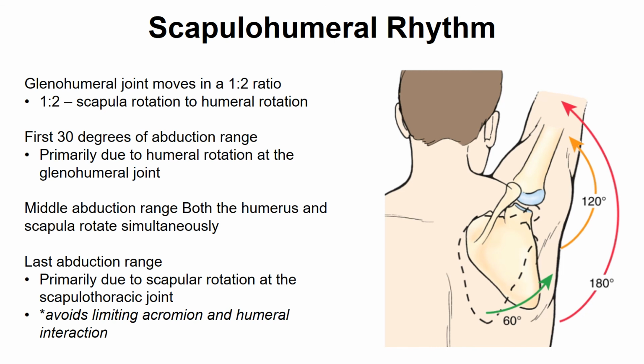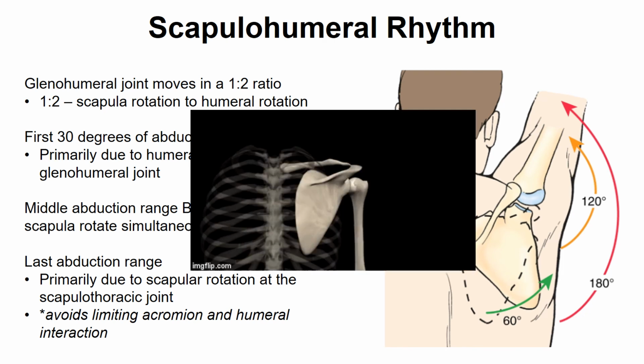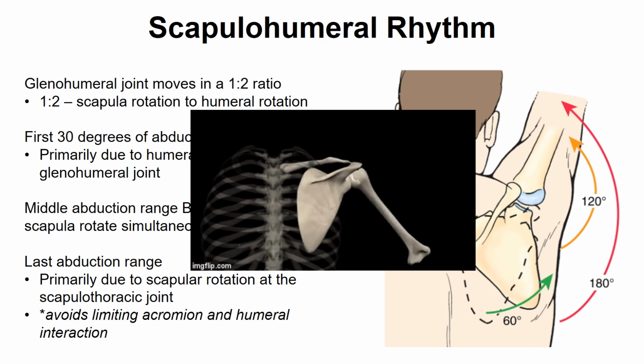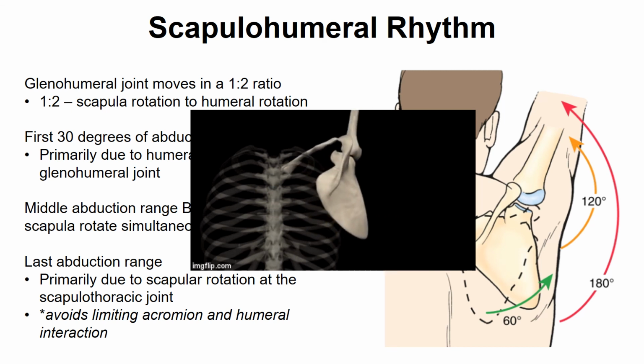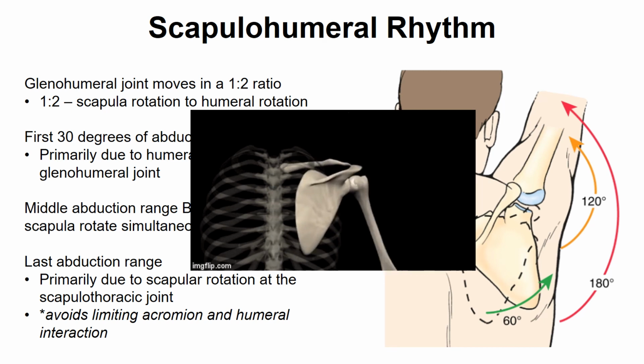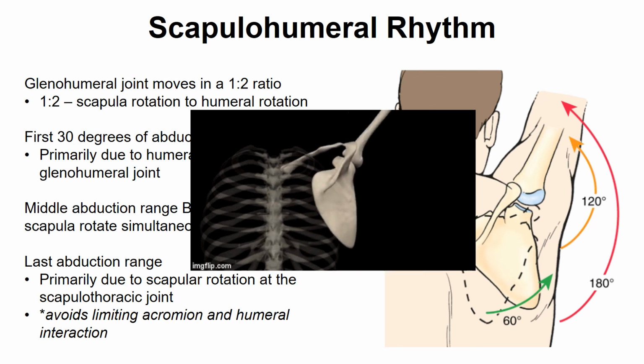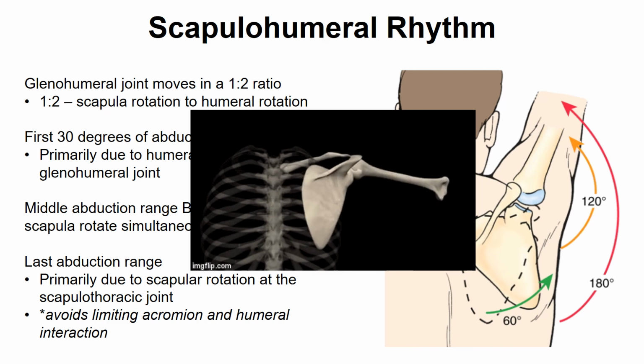So scapulohumeral rhythm is important for full motion of our arm. It looks like this: starting out, not much scapula movement, then humerus and scapula move together, and then you can really see that scapula upward rotation quite significantly.